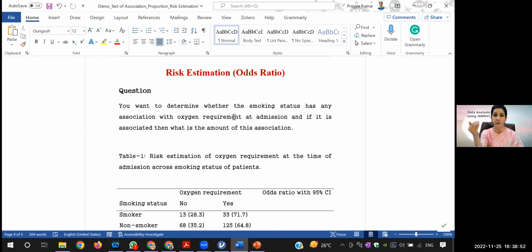Why? Because this is an unadjusted odds ratio, and most of the time, we use the adjusted odds ratio. And how can we get the adjusted odds ratio? There are two types of odds ratio. Unadjusted odds ratio is when you take only one variable as a predictor variable and there is one outcome variable.